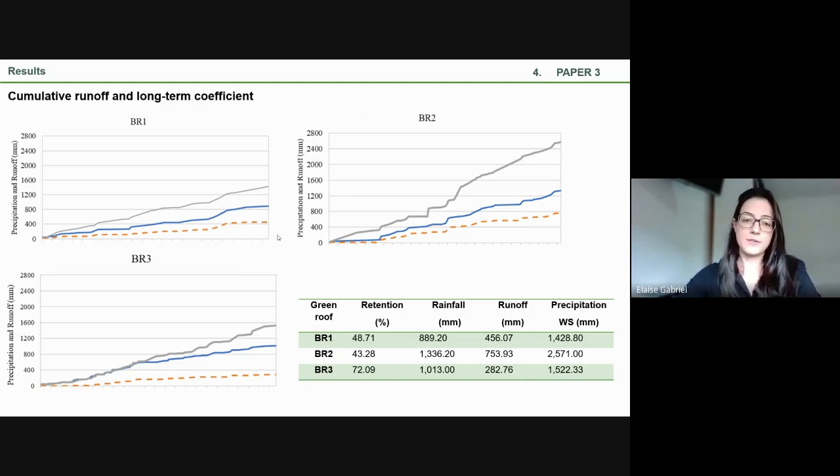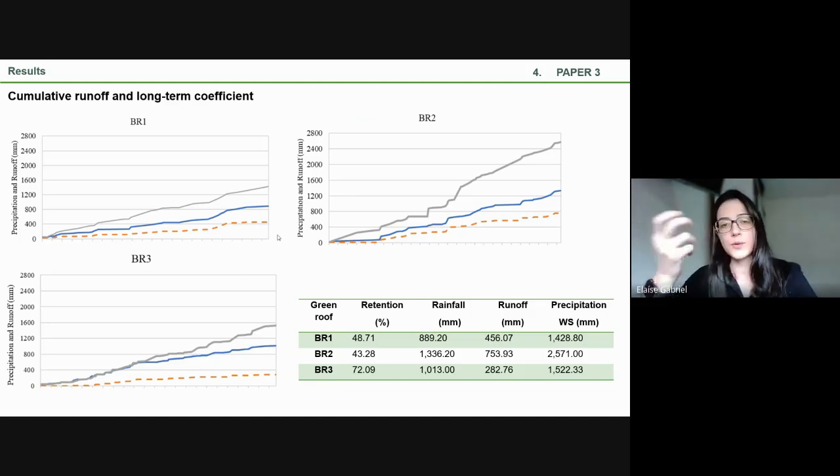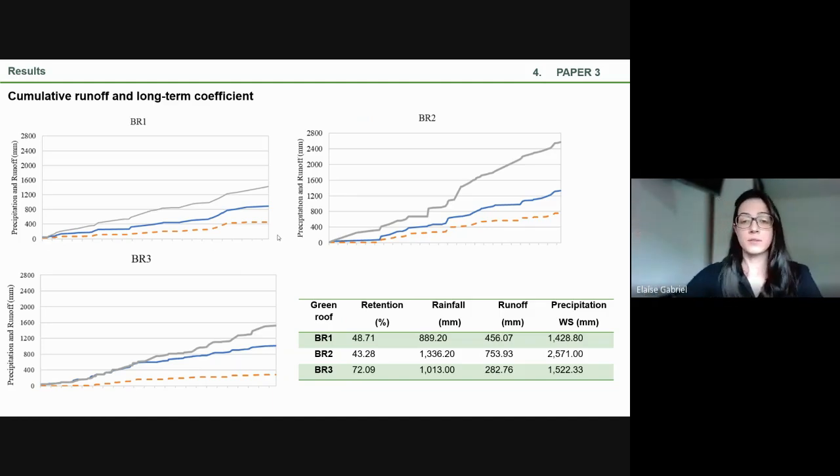This difference in the values can be justified by the different constructive characteristics of each green roof and the scale effect, since we had a constant retraction and expansion of the substrate along the perimeter. We also had a shrink-swell substrate with high clay content, and that can affect the retention performance.